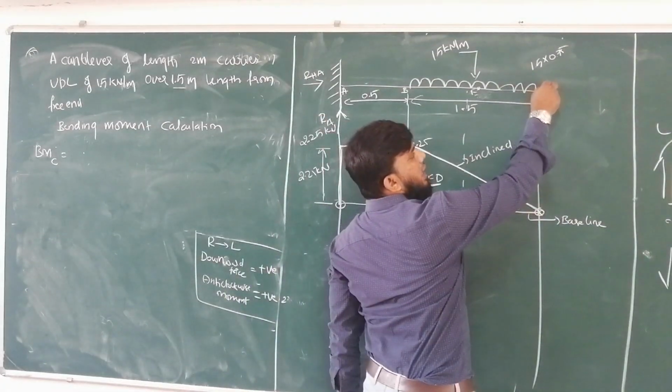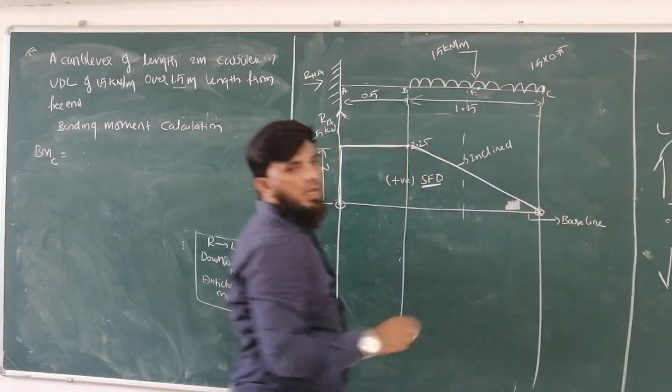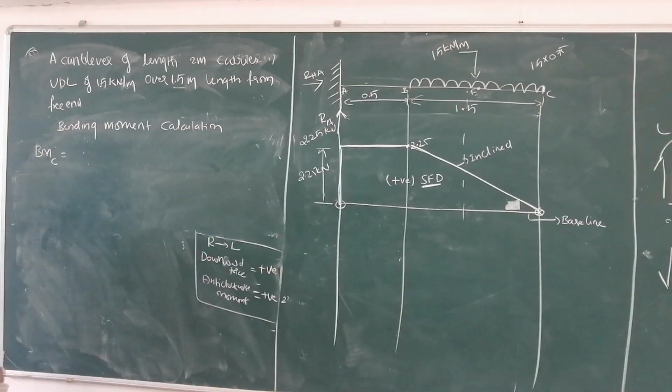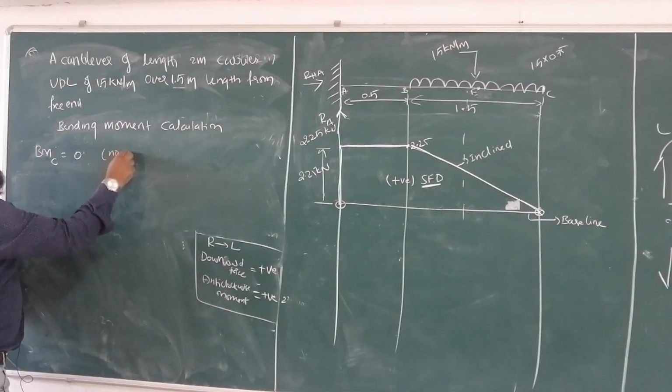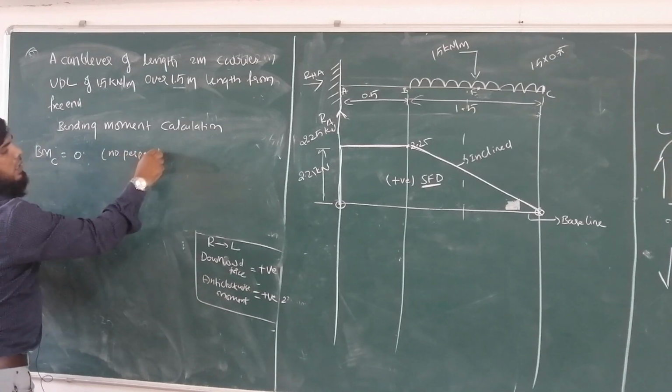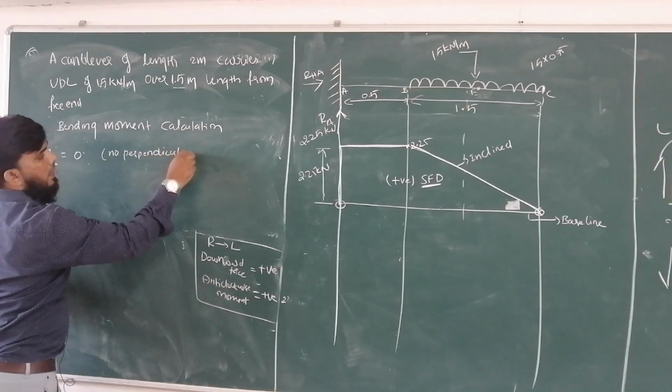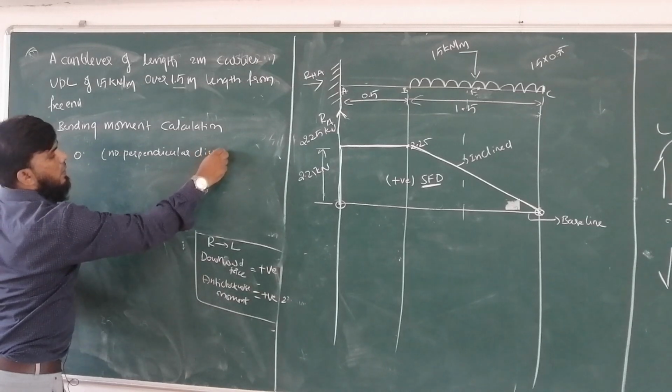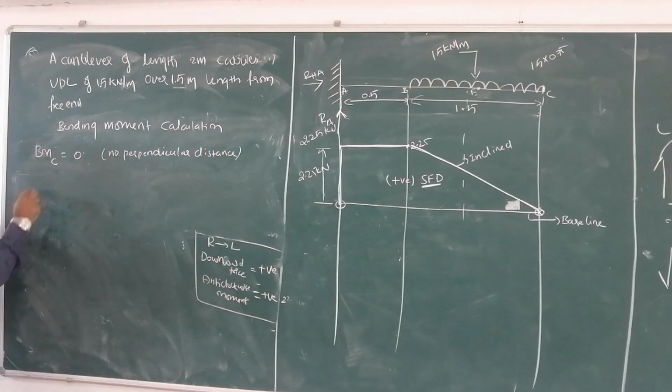It is acting on this point itself, so no perpendicular distance is there. So it is 0.